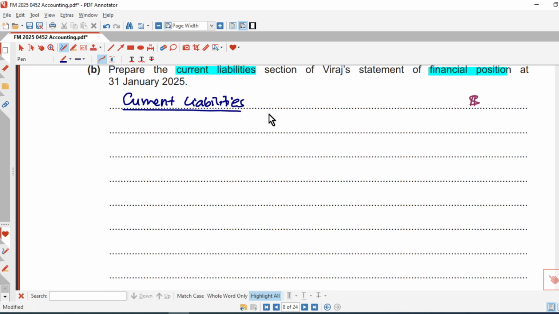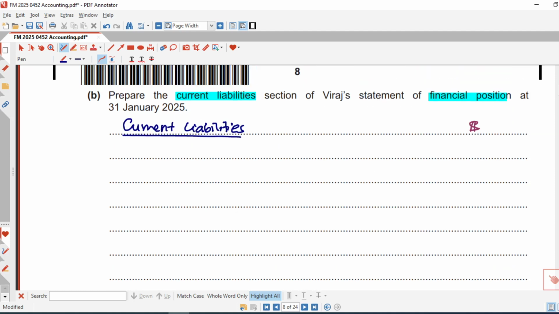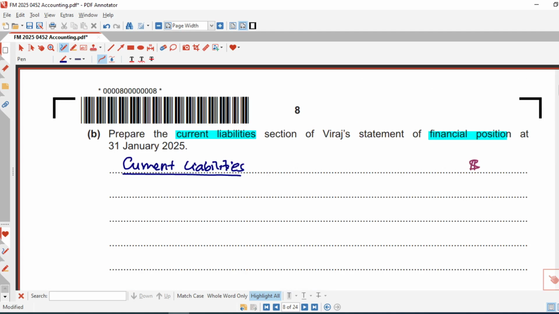The statement of financial position measures the financial position of a business. To put it in layman's terms, we are looking at whether the business is healthy or not, whether it's high on cholesterol or not.